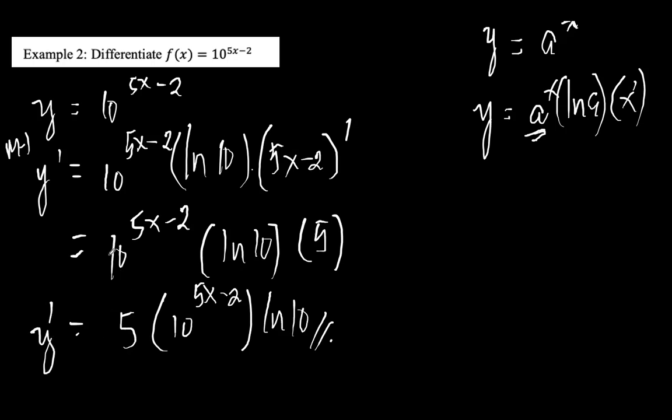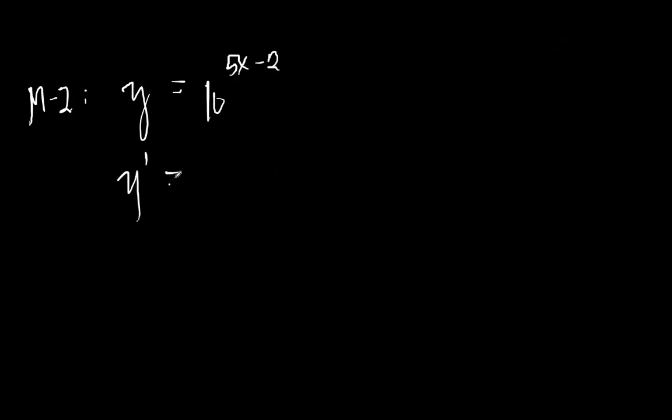Understood, guys? So let's have method 2. Method 2, the given is y is equal to 10 raised to 5x minus 2. So let's differentiate this.